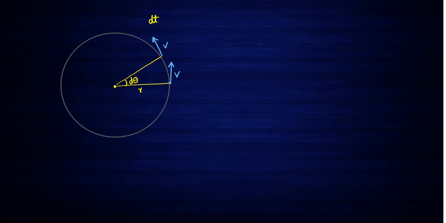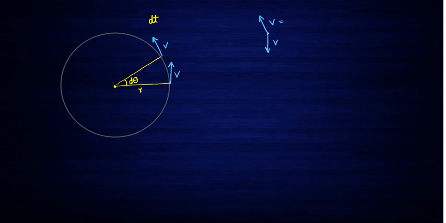So if we were to find out the change in velocity, then we would have to draw the vector diagram of the final velocity that is pointing like this, and we would have to draw the negative of the initial velocity.